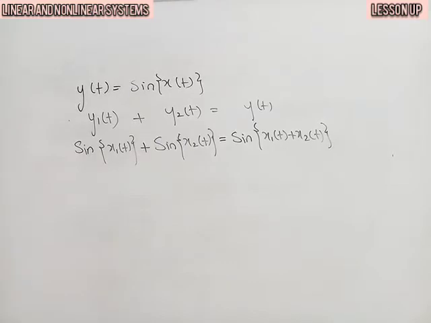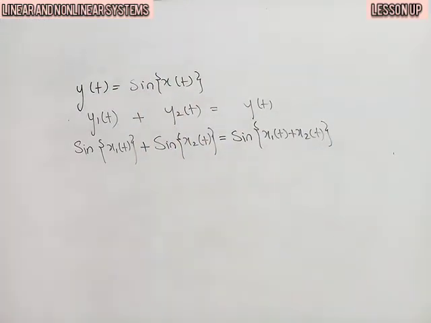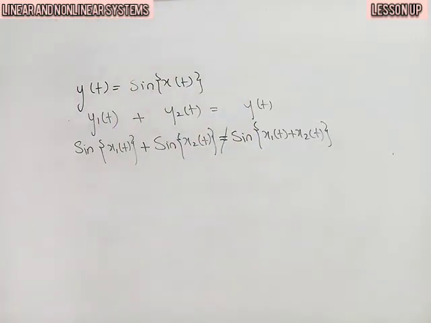Okay. So, these two equations are not equal, because this is sin a plus sin b and this is sin of a plus b, right. So, we can tell that these two equations are not equal. So, we can tell that all trigonometric operations are non-linear.